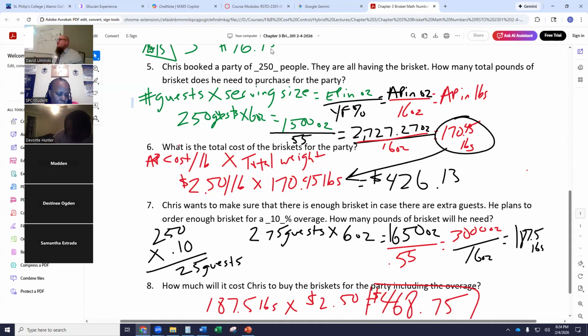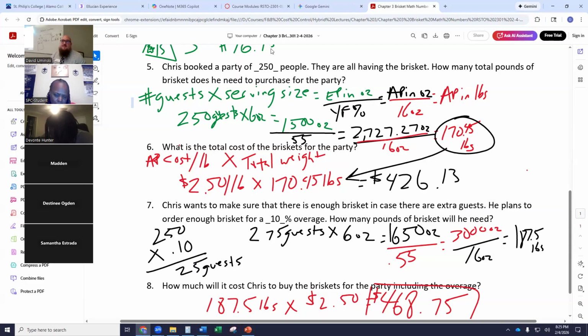This next step is crucial because if you don't do it now, chances are you'll forget. You want to divide by the yield factor. Students often want to go right into pounds and convert, but then they forget to apply the yield factor. So do it right now. Yield factor percentage gives us our AP in ounces, our as purchased, how much we should buy in ounces. Then we divide by 16 to give us our as purchased in pounds.